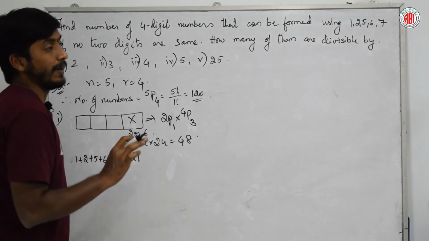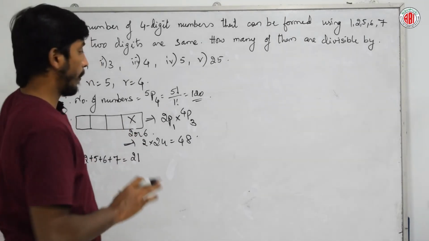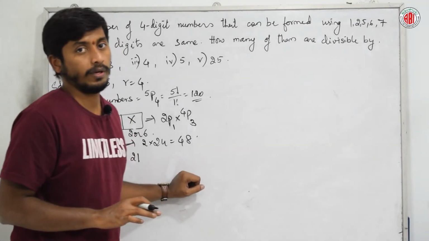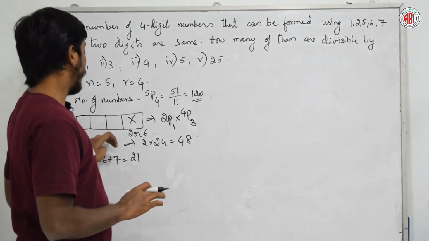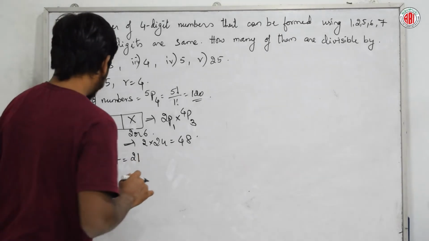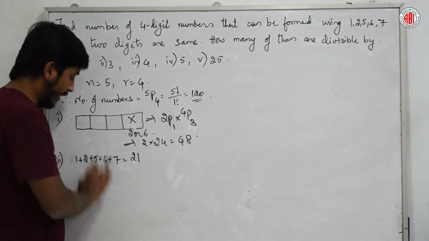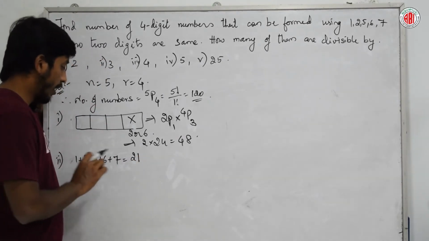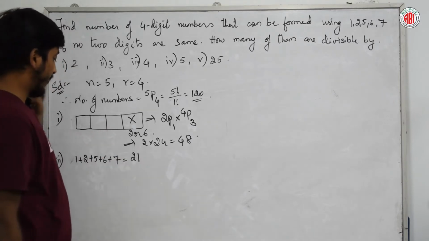Obviously it is divisible by 3. Now in these 4 positions, we have to place numbers in such a way that we remove one number. The sum we are getting is 21, and it's fine.